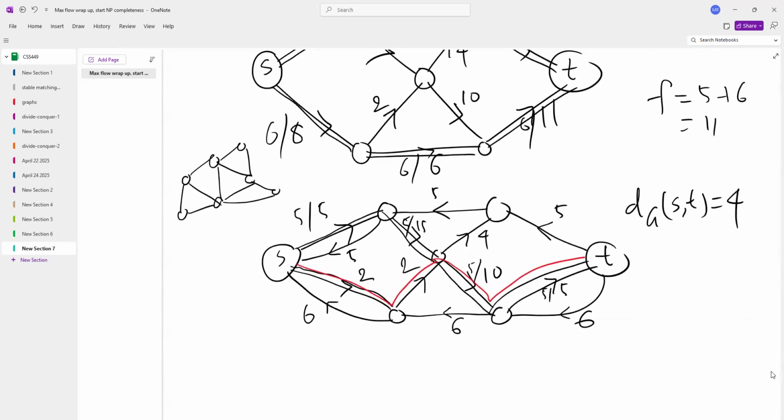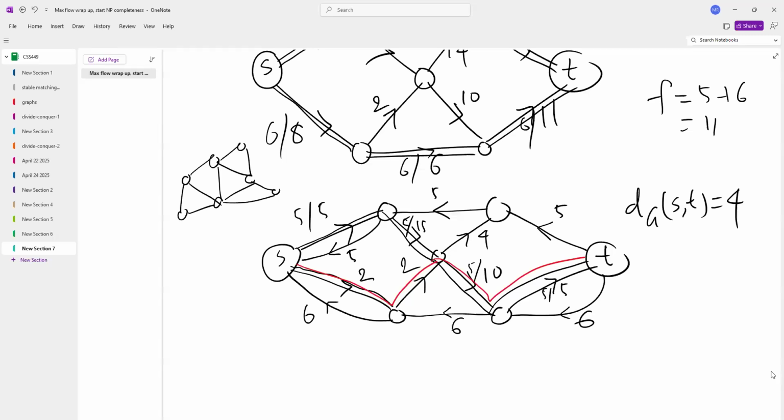Did we make a mistake? Not a mistake, but basically what we're going to do is that we need to find a blocking flow. So now we have two paths that share some edges, so we need to be cooperative here.